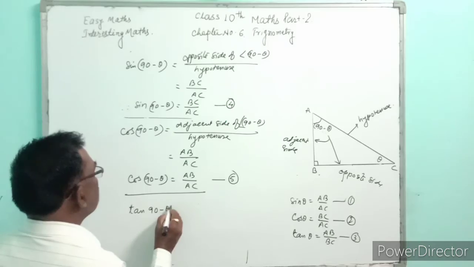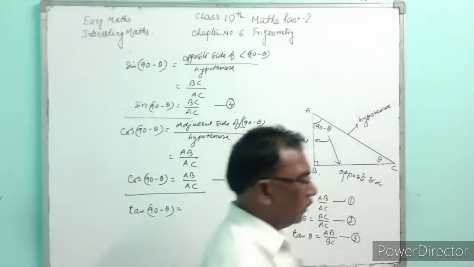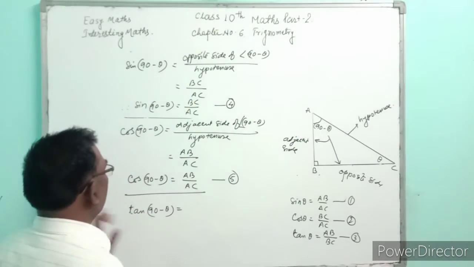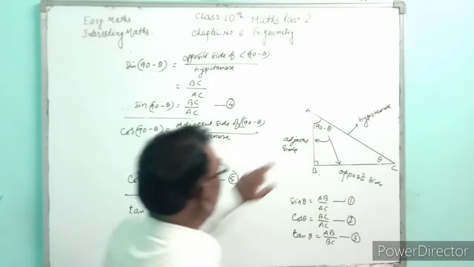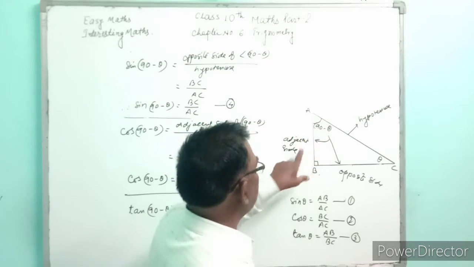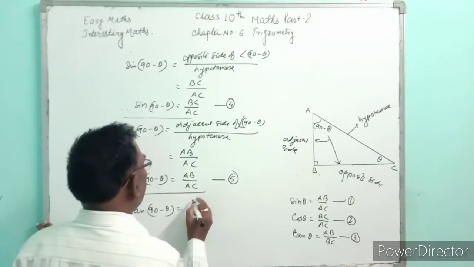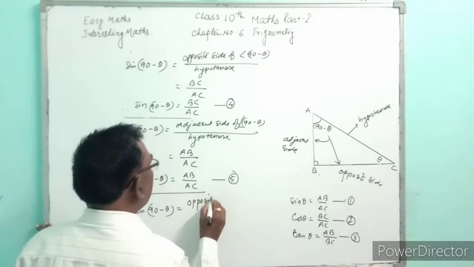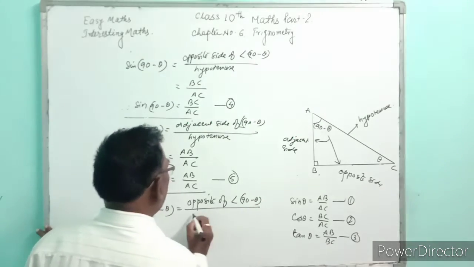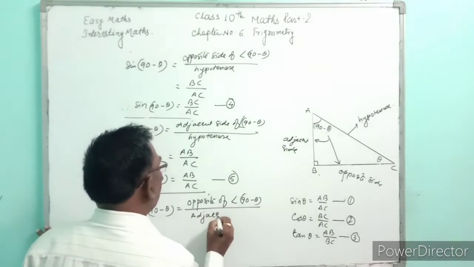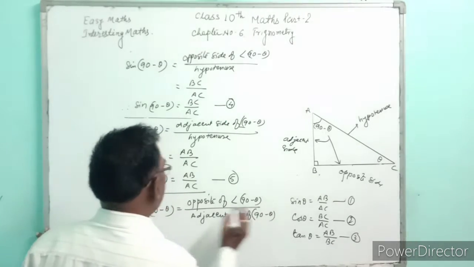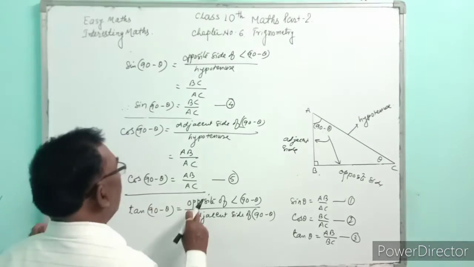Now we will find tan 90 minus theta. For 90 minus theta, this is the opposite side of angle 90 minus theta and this is the adjacent side.